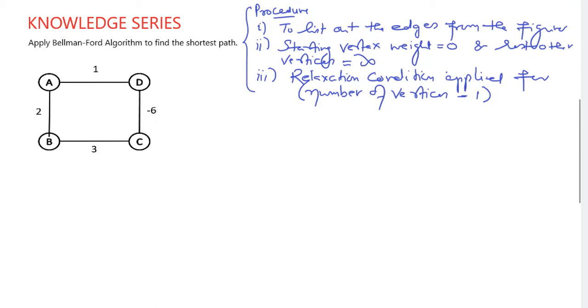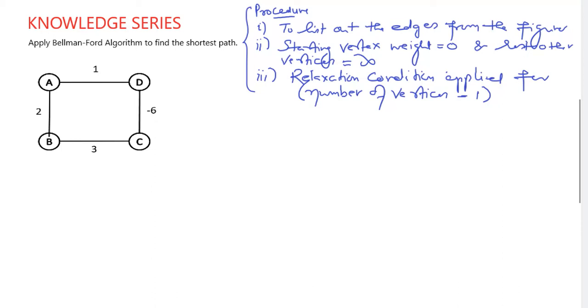That is, first of all we will list out the edges, and next we will assign the vertices the weight 0 and the rest infinite, and then we go with the relaxation condition for the number of vertices minus 1. So let's start.